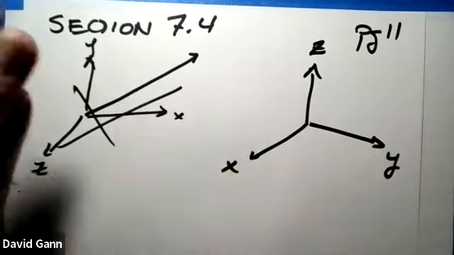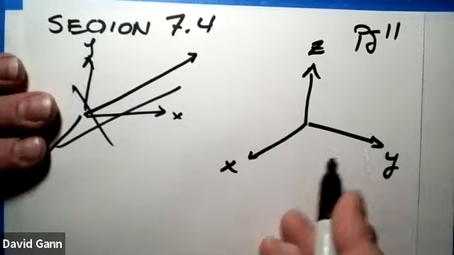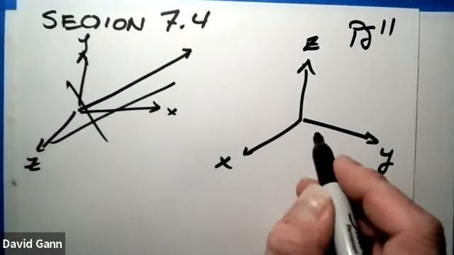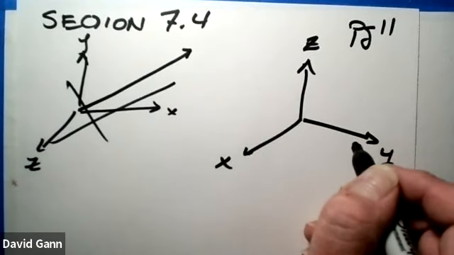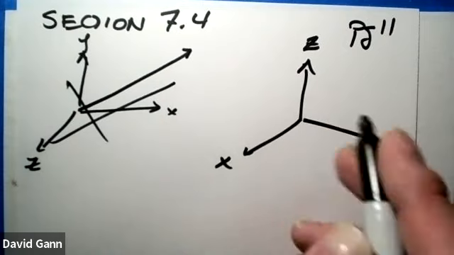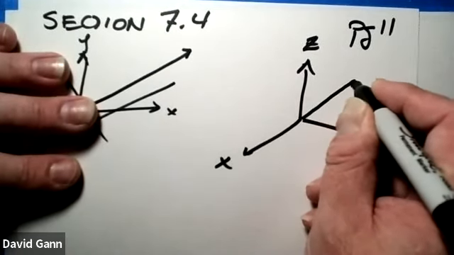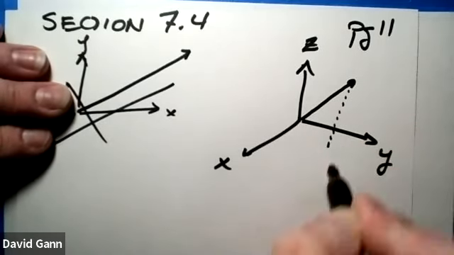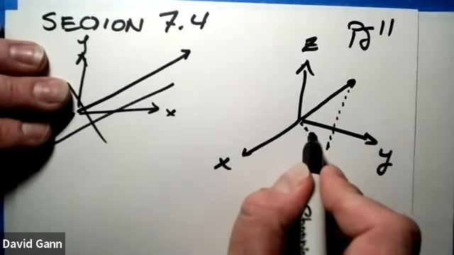So x rotated into y creates this right-hand rule. So z is up. Let's say we have a point whose projection lies in quadrant 1 of the xy plane, but it has a positive z point. So here's maybe that vector looking in 3 dimensions, and its projection down onto the xy plane might look like this.